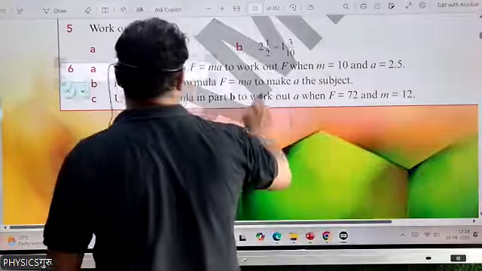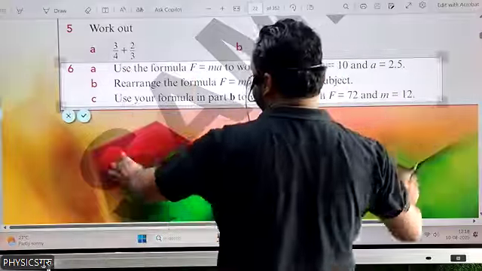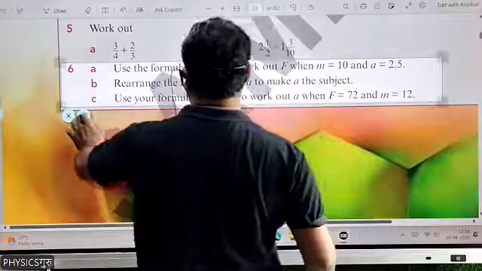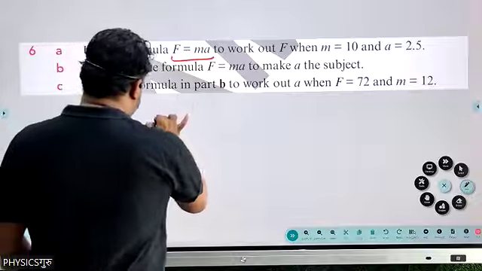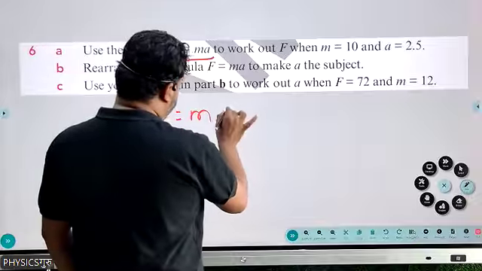So use the formula F is equal to ma to work out F when mass is given and acceleration is given, right? So the formula is F is equal to ma.